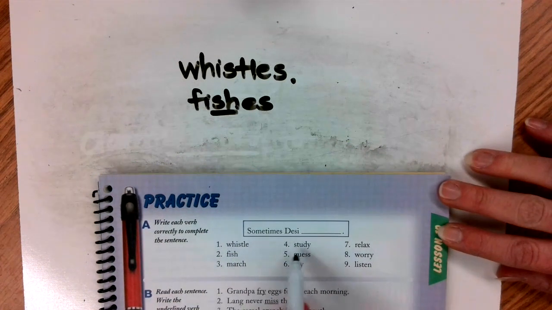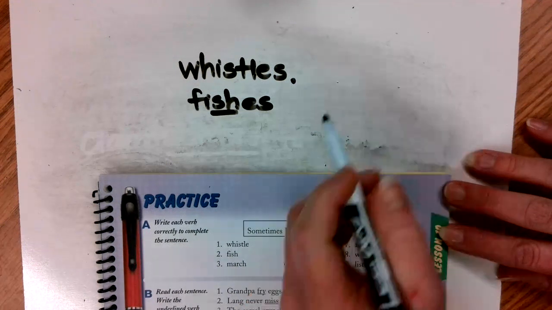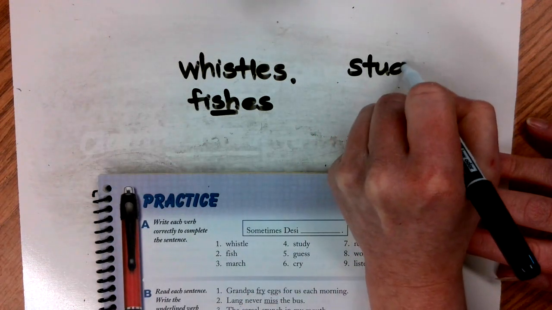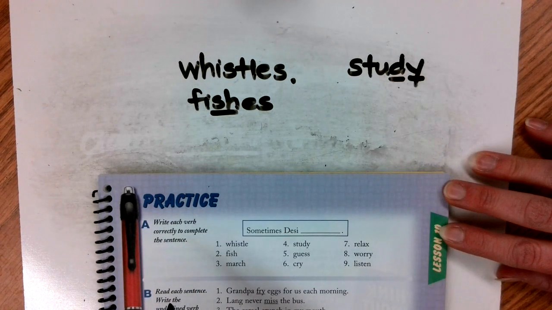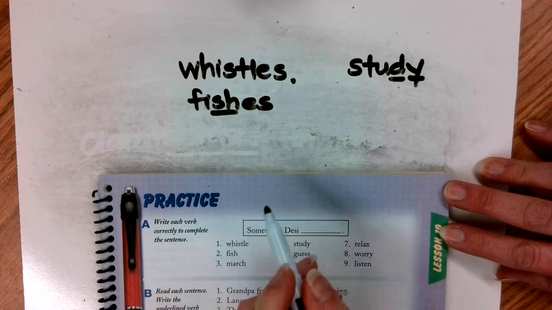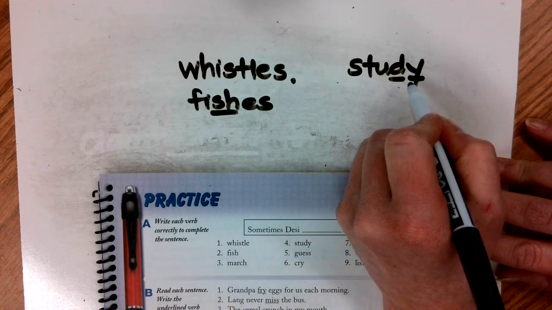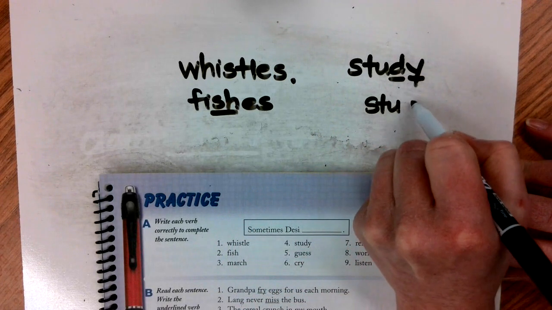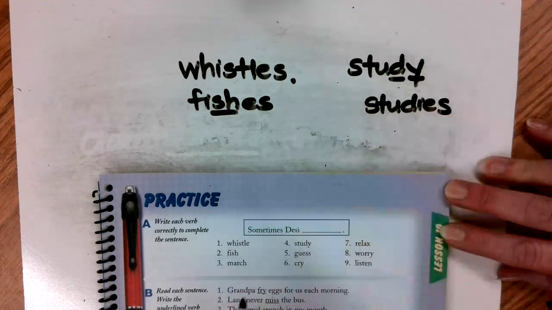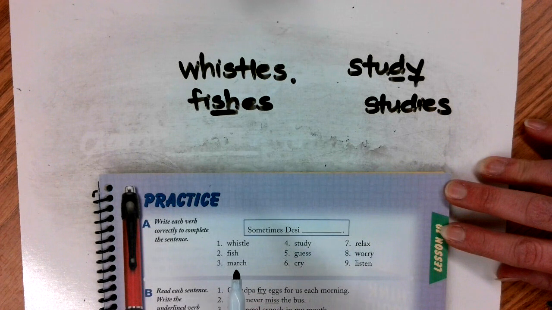If we look at 4, I'm going to let you do 3 on your own, but if we look at 4, we have study. It ends with a consonant Y. So we need to change that Y to an I and add ES. So study becomes studies.